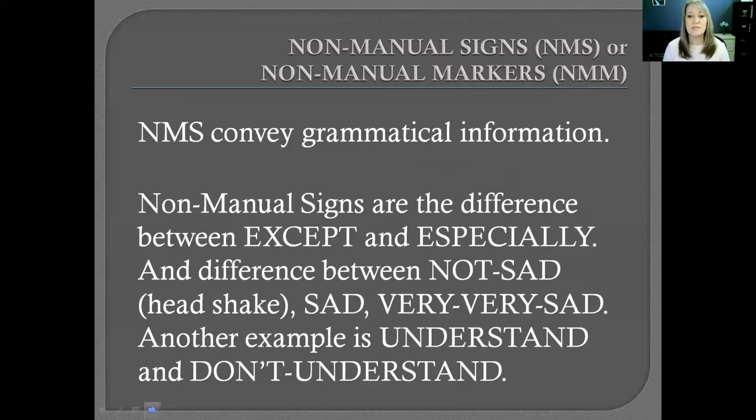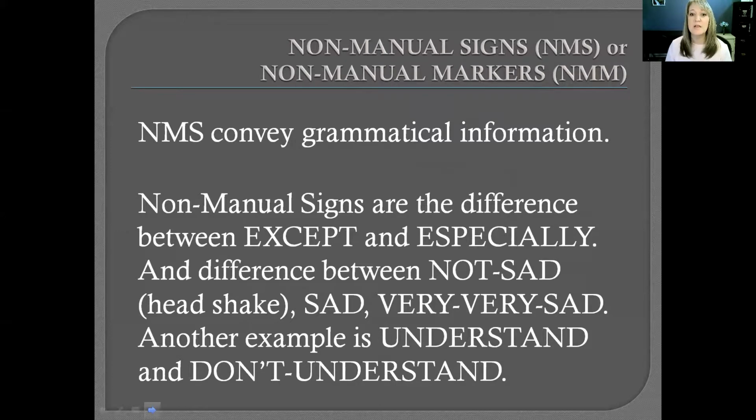The non-manual sign is also the difference between not sad, sad, and very, very sad. Like if this is a sign for sad, okay? So if I say, I'm not sad, that's actually grammar. That's changing the meaning of this sign. This is sad, not sad, okay? Now, sad, and now very, very sad, terribly sad, all right?